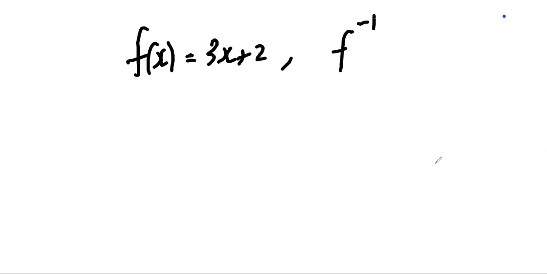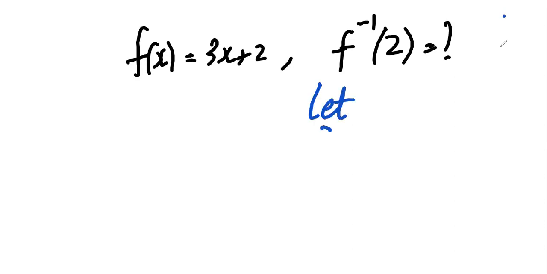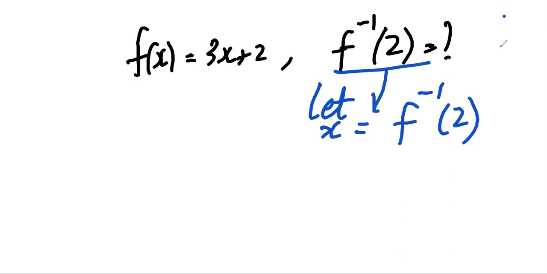Now the last question: f of x is 3x plus 2, and you have to calculate f inverse of 2. What you will do is suppose x is equal to f inverse of 2. The value you have to find, you will let it be x. So if we remove the inverse, this will become f of x is equal to 2.